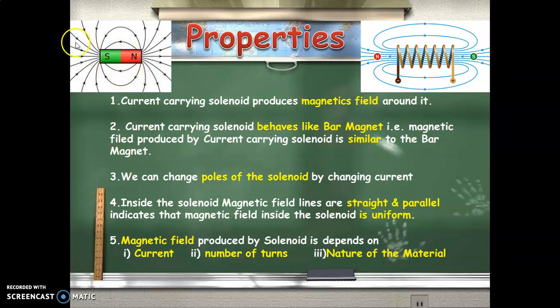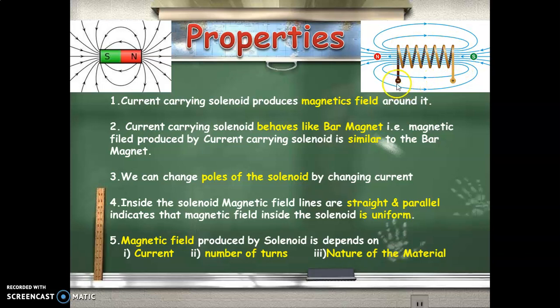A bar magnet also has two poles, the south pole and the north pole. Similarly, in a current carrying solenoid also, we get two poles, north pole and south pole. But one difference is there. In a bar magnet the poles are fixed and we cannot change them, but in a solenoid we can change the poles.